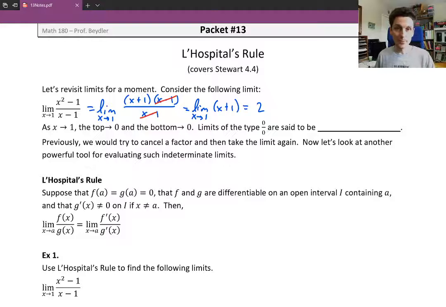So in this kind of a limit, one of the things that was a clue that we should try to factor the top was that both the top and the bottom of the fraction were approaching 0. These kind of limits that are 0 over 0 type limits are said to be indeterminate.